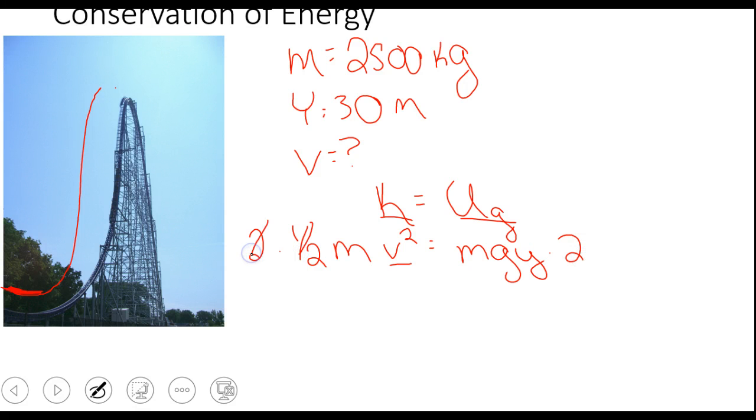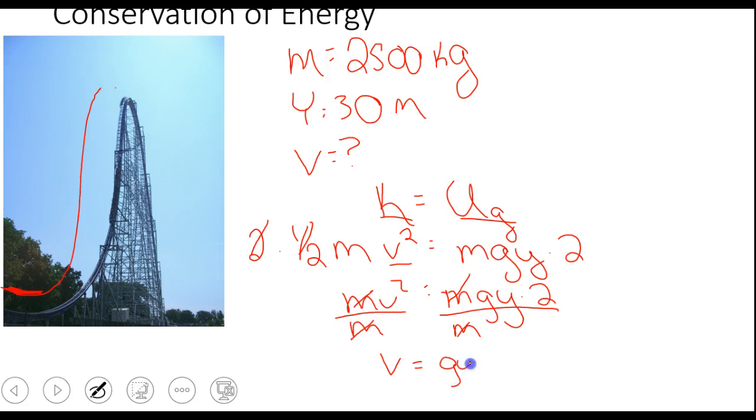That gets rid of this here, and then I've got mv squared equals mgy times 2. I'm going to divide both sides by m. Here they cancel, and they cancel over here too, so I don't even need to know the mass of the cart. And then I wind up with v squared equals gy times 2.